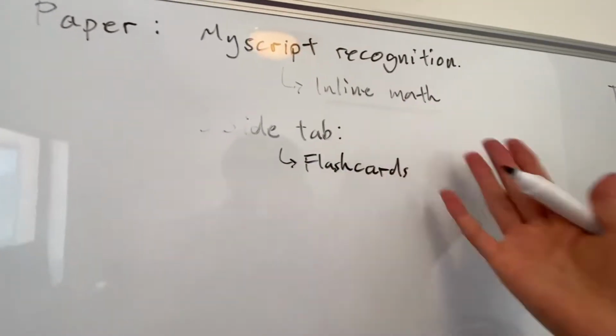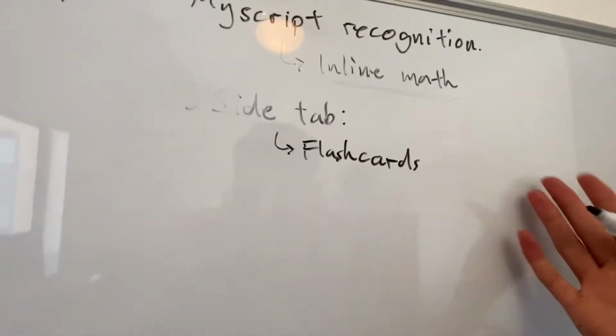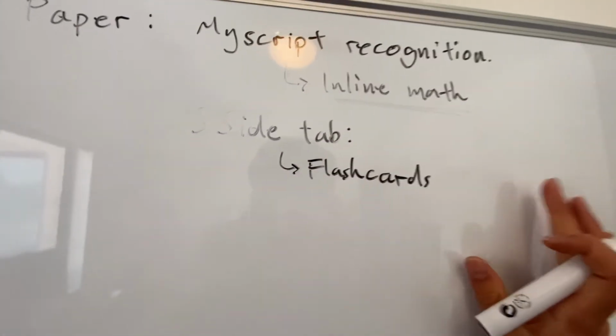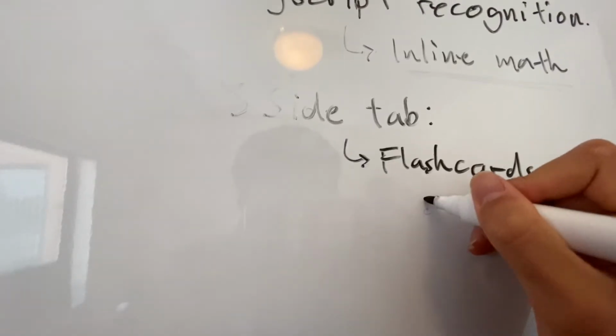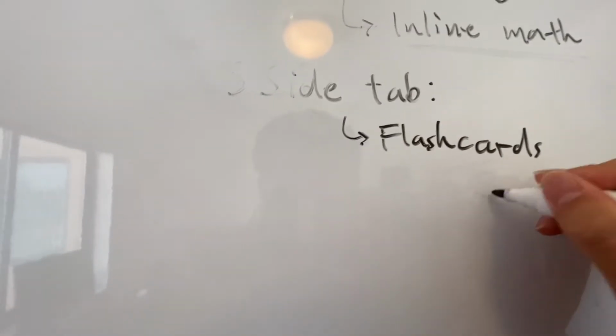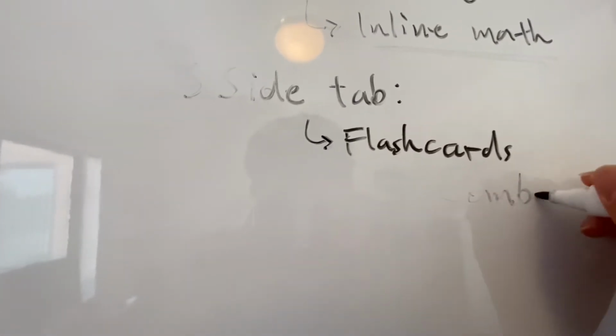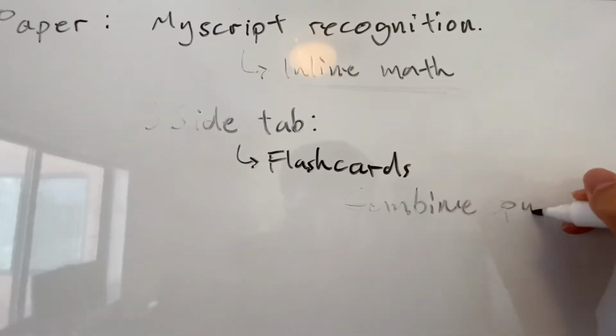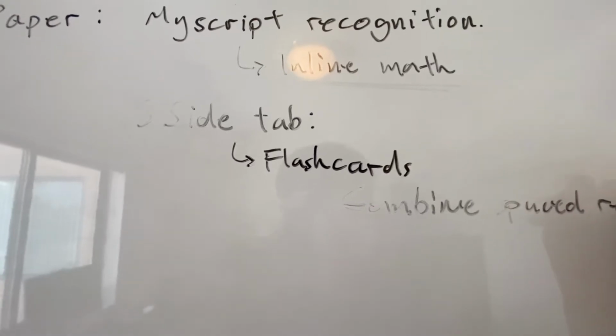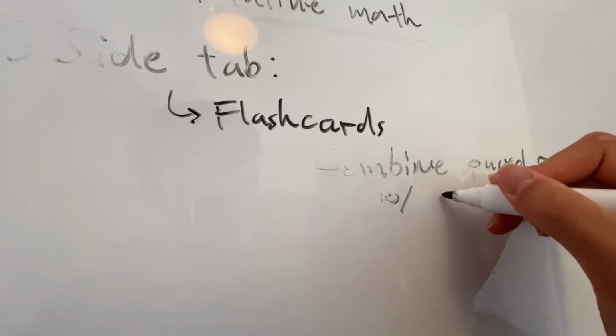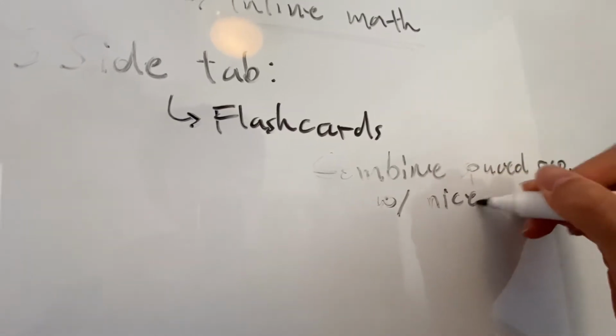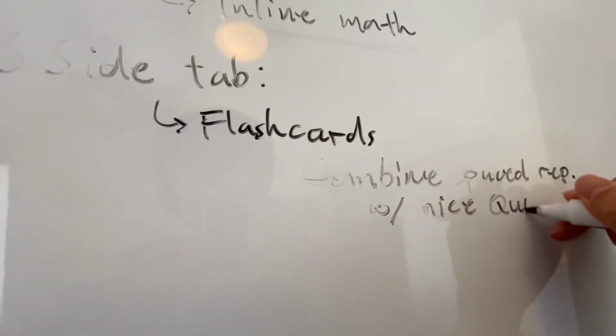But yeah, I want to combine the Anki, wow, my marker is really not working. So I want to combine, that's a C, spaced repetition with a nice interface, like a Quizlet interface.